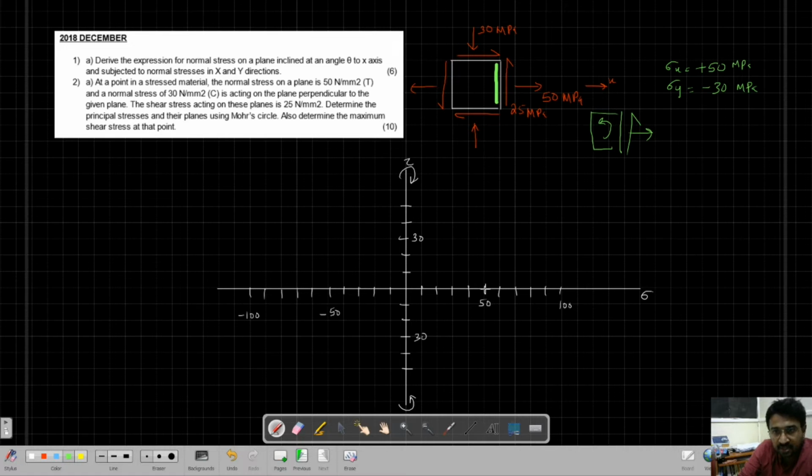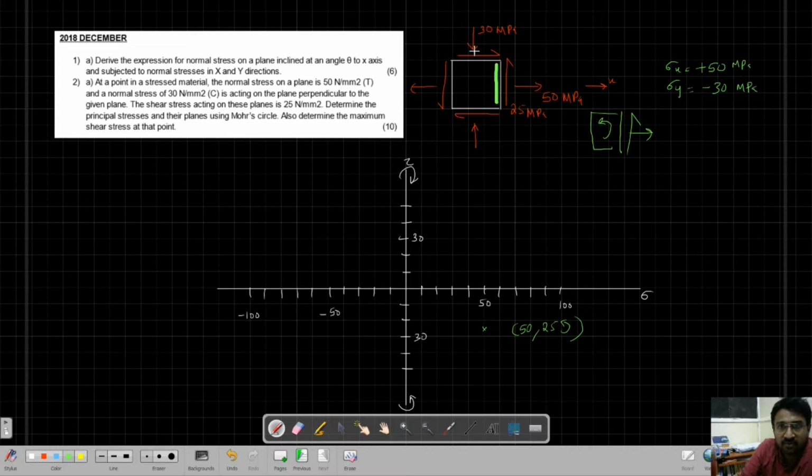We have 50 MPa tensile and 25 MPa shear stress. So this point is nothing but 50 comma 25, and 25 is in the anti-clockwise direction. So this is one point we have got.